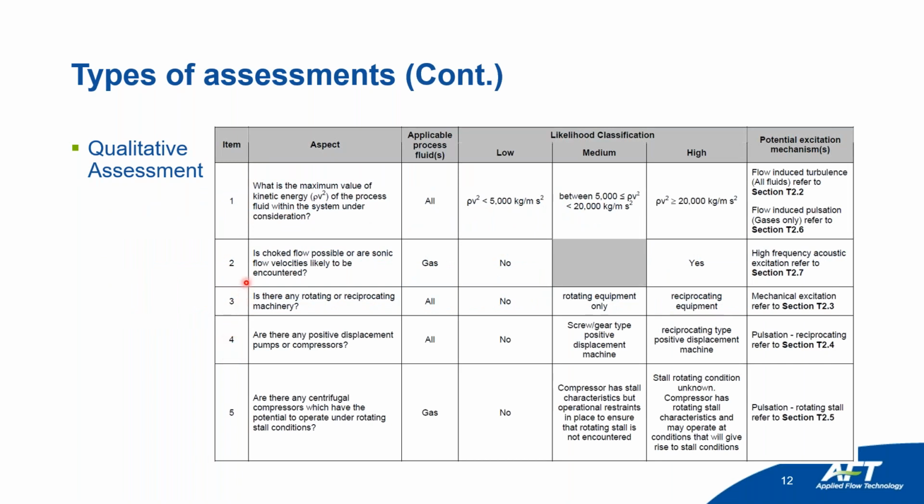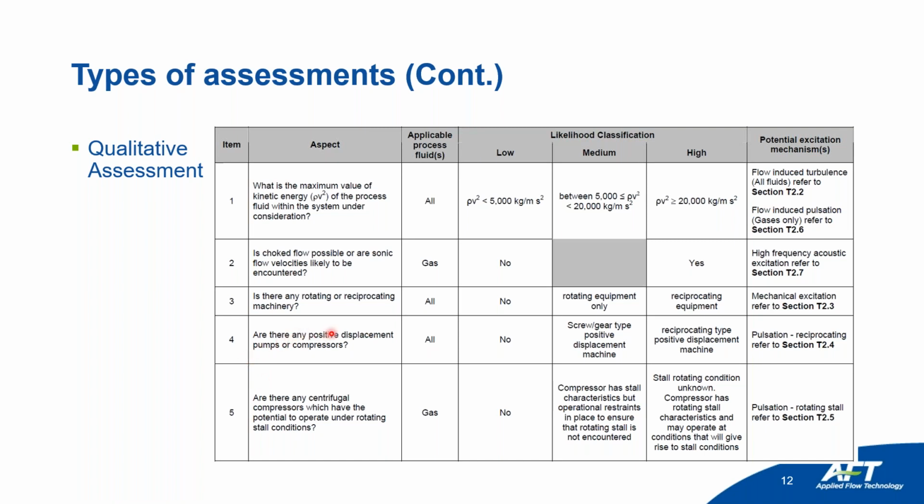So here is the qualitative assessment table provided by the Energy Institute. It asks a question, and based on the response, it qualifies it as low, medium, or high risk. And then it provides you guidance on how to solve it. Let's talk about number 4.